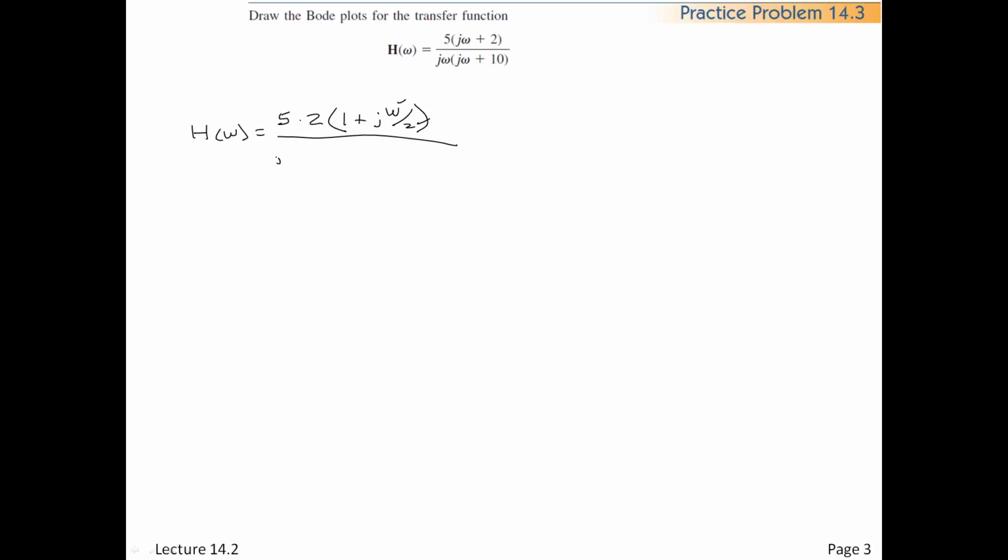All right, so then I've got jω, so that's a pole at the origin. And then I'll factor out 10 from this one, and I end up with 1 plus jω over 10. Okay, so we've isolated those two. You can take the 5 times 2 is 10 and divide out that 10. That's okay. That's a constant term, right?